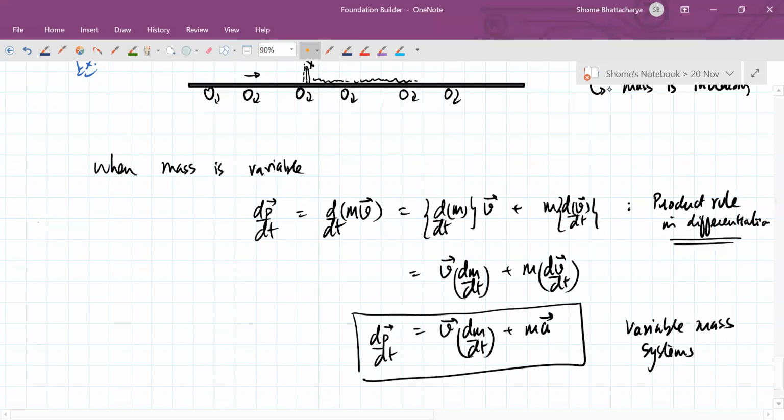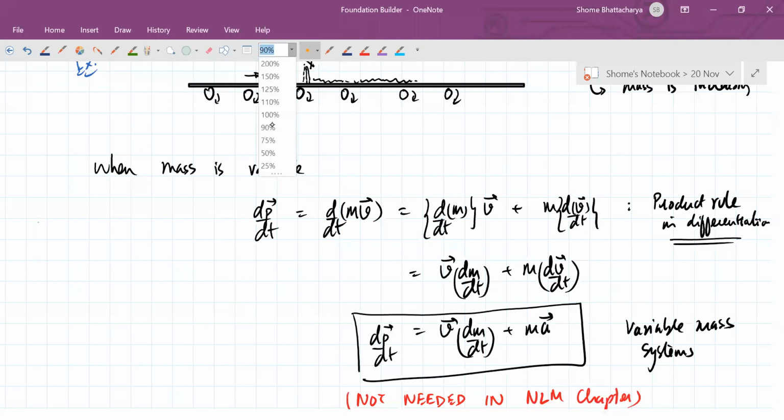But this will not be required in this chapter. So this is not needed in Newton's law of motion chapter. We will be studying this in more detail.